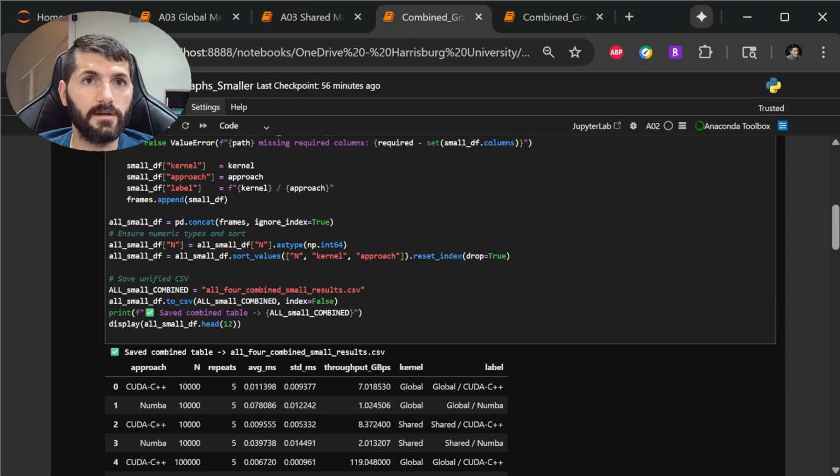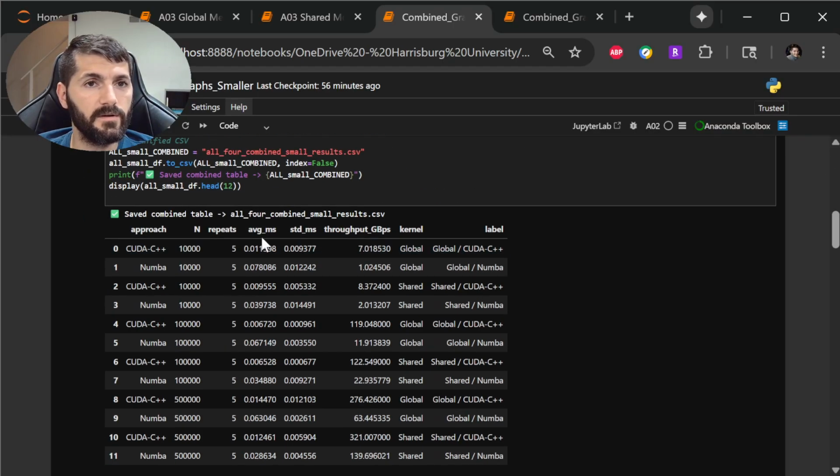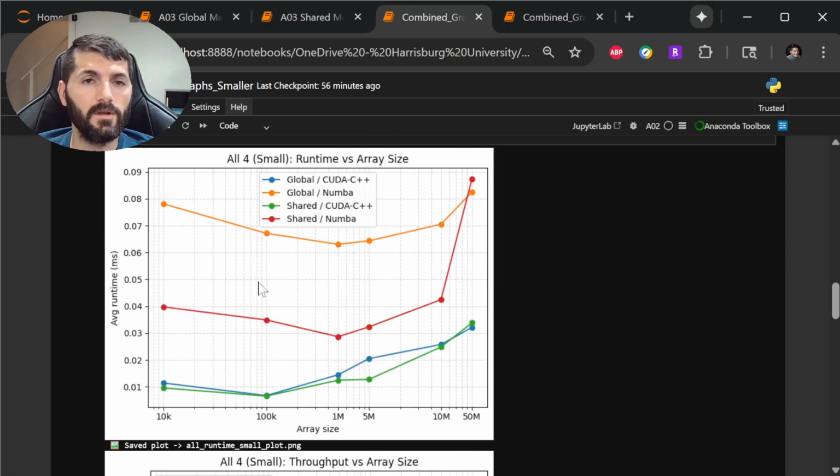Okay, so let's look at combining these two graphs. So this here is the smaller ones. I just have small size and large size up here at the top, but all the numbers are here. But let's look at that graph.